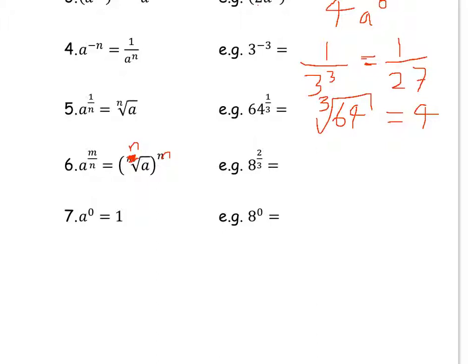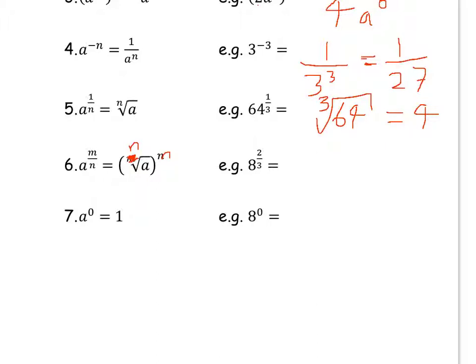This is number 6, a to the power of m over n. The n refers to the root, so we're looking for the nth root of a, and then that's all to the power of m. So the denominator, the n, is what root you want, and m is the power.